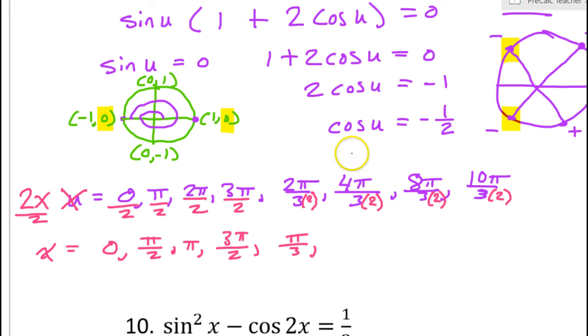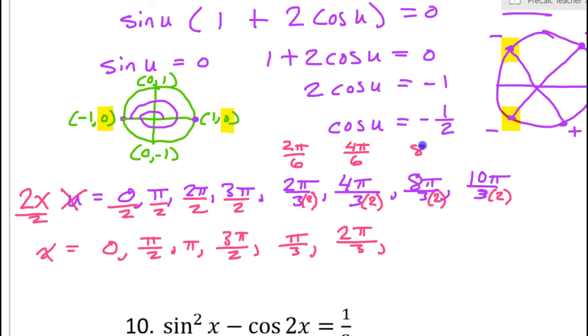So this is, or maybe I'll put it up here. So this is going to be 4 pi over 6. And maybe I'll just put this up here. So this was 2 pi over 6. And so this is 4 pi over 6, which reduces down to 2 pi over 3.